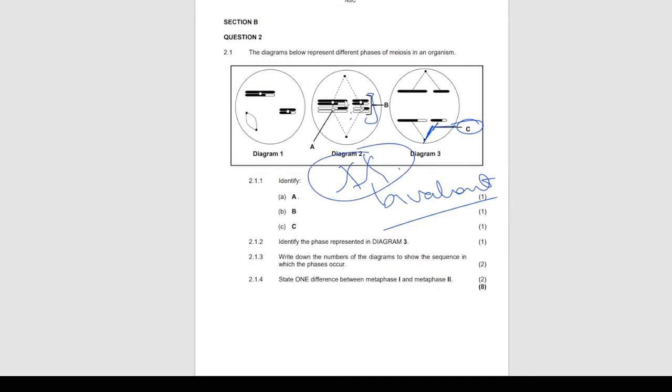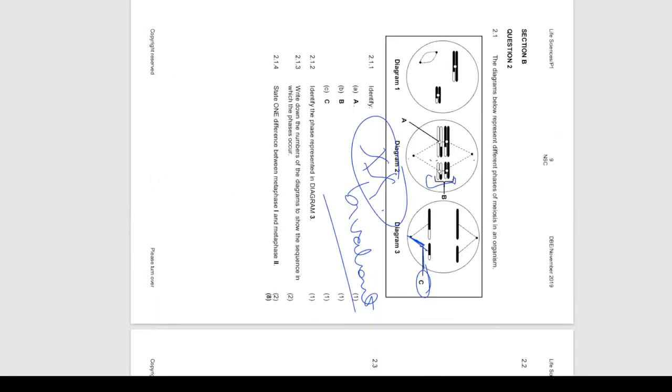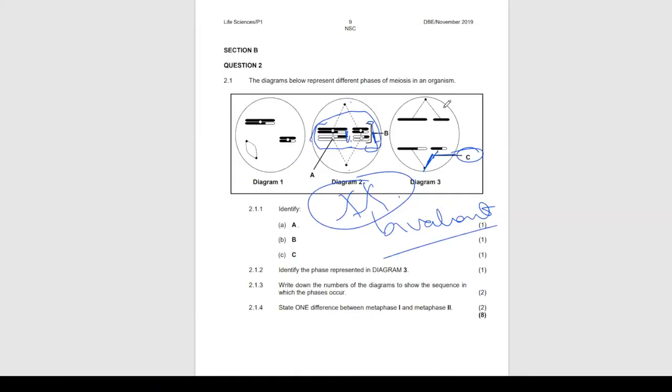These things are supposed to be inside. So now you don't know which phase this is. It is metaphase. You have to tilt your paper so that it faces the opposite way. You see that now they're in the middle. So you're able to answer it. You have to tilt your paper until you see that those things are in the middle.